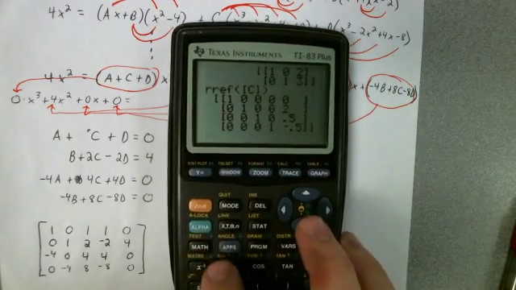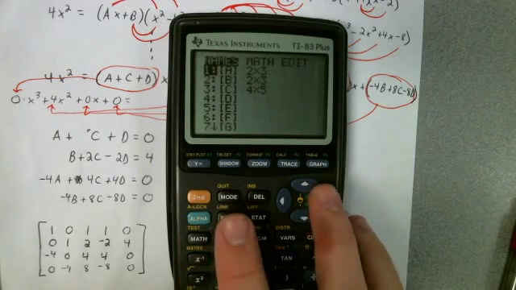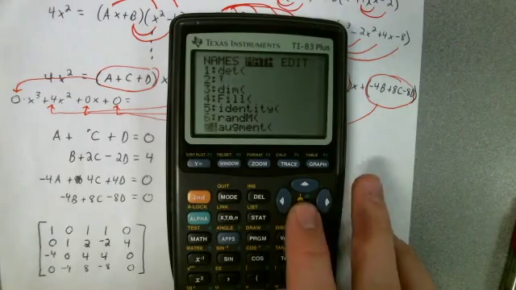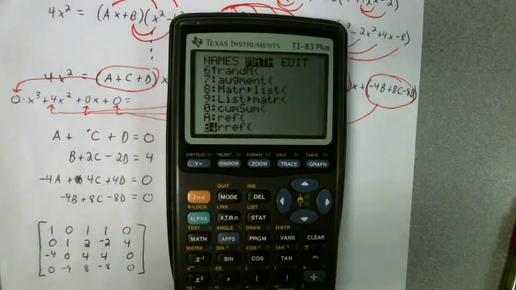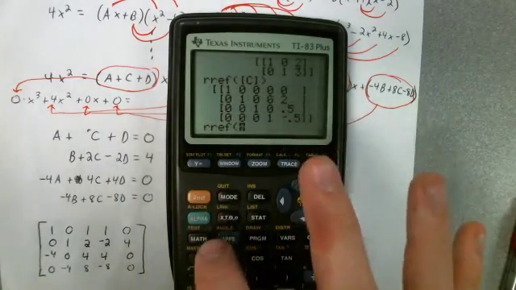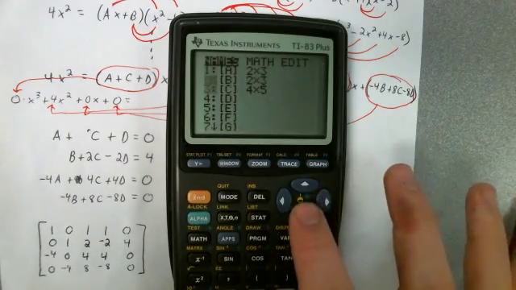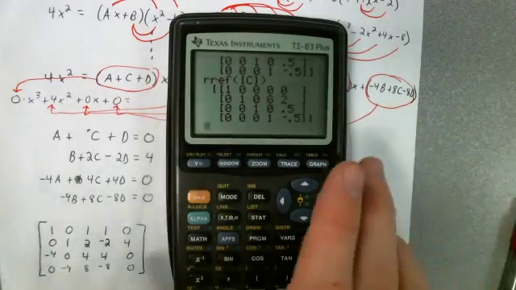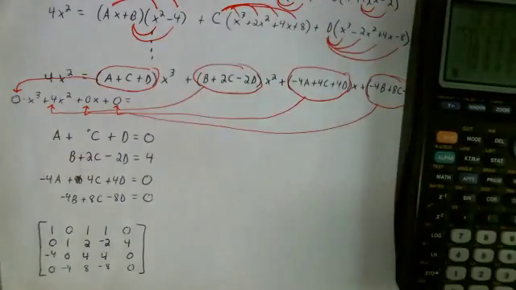Quit. All right, now hit second matrix. And go over to math and go down to reduced row echelon form, RREF. So I want to do second matrix, C, reduced row echelon form on C, and your calculator spits out this.